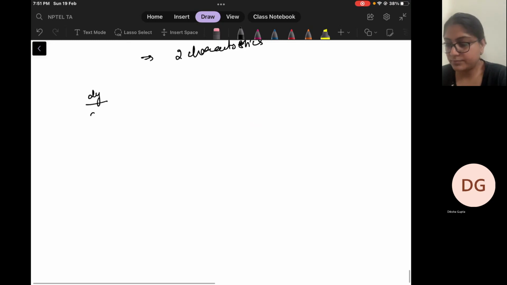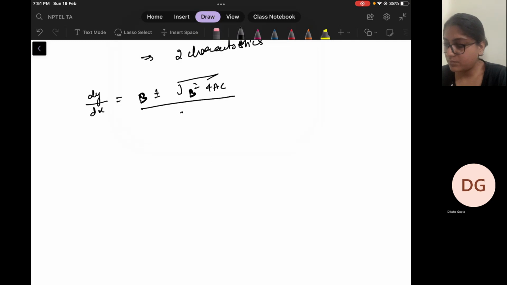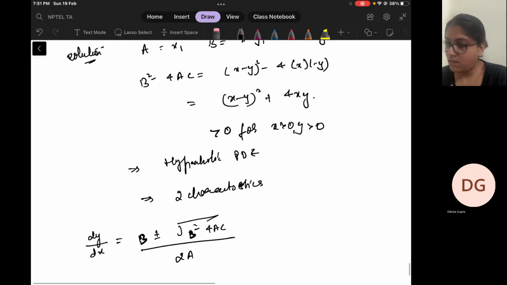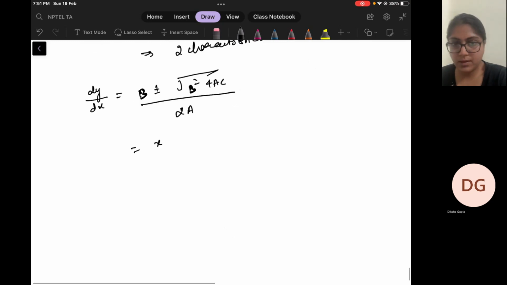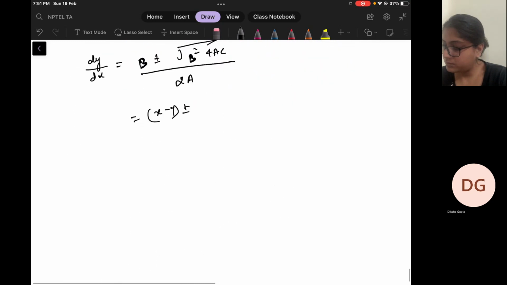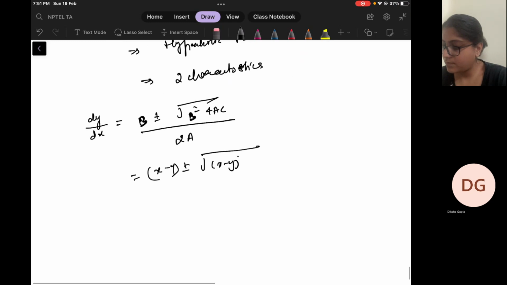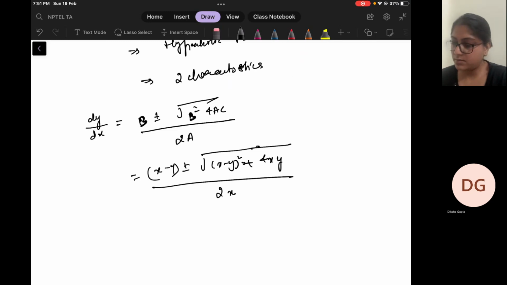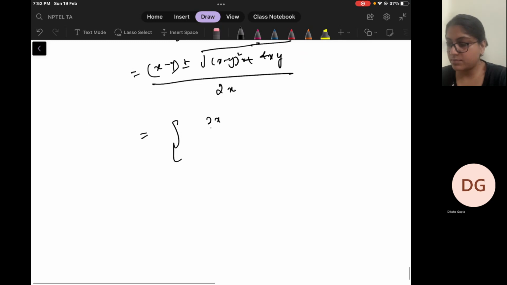So dy by dx is equal to x minus y plus minus the square root of 4xy by 2x, which comes out to be 2x by 2x is equal to 1, and minus 2y by 2x is equal to minus y by x.